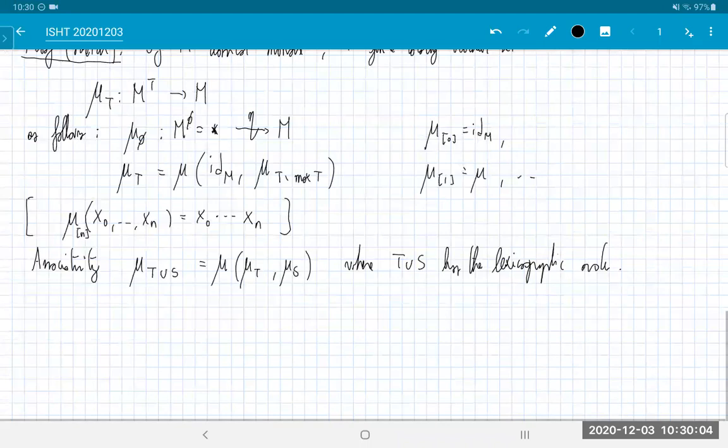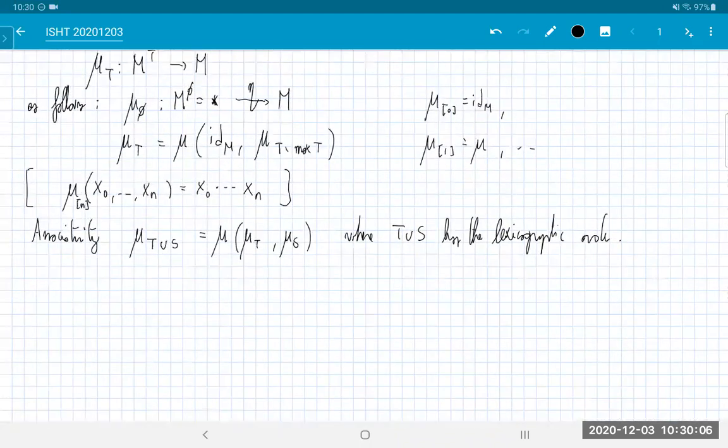So let me define, suppose M is a classical monoid in C, a functor. Actually, before I do that, I need a small piece of notation.